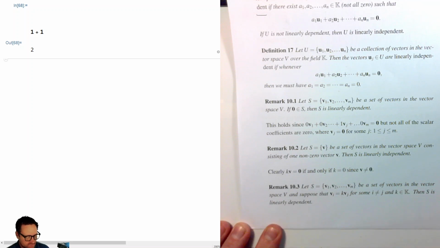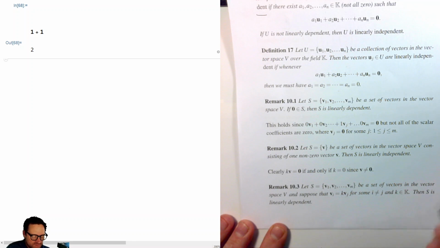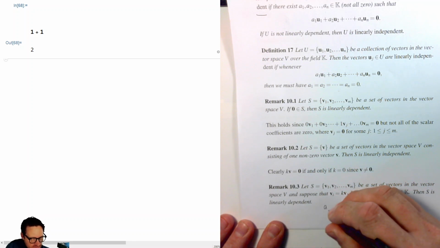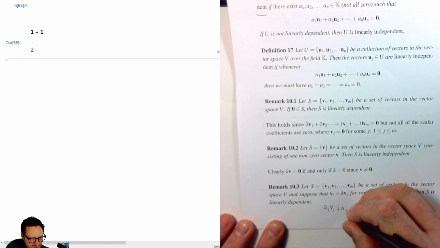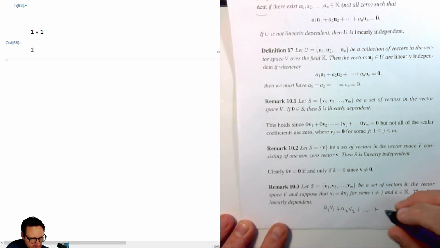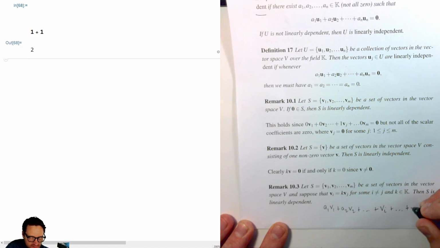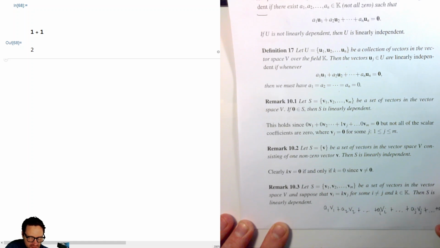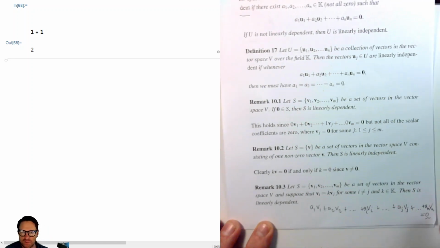Right, and so if you set up this equation, a1 v1 plus a2 v2 etc., up to ai vi, etc., and then aj vj, etc., and then am vm, equals the 0 vector.